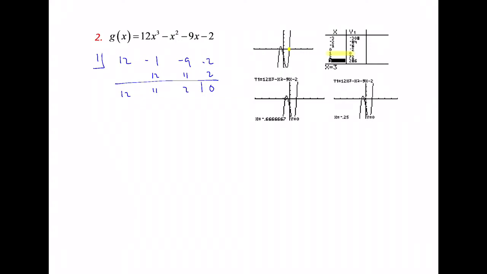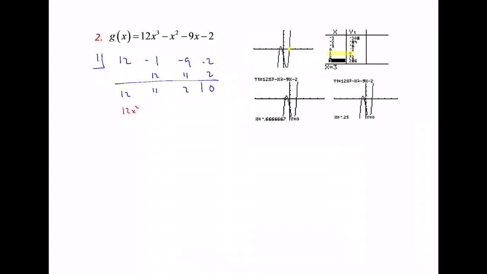So technically we could solve this quadratic now, probably using the quadratic formula. But we could also look to see where it crosses, and you can see it crosses somewhere between 0 and negative 1. So right now you could do one of two things.